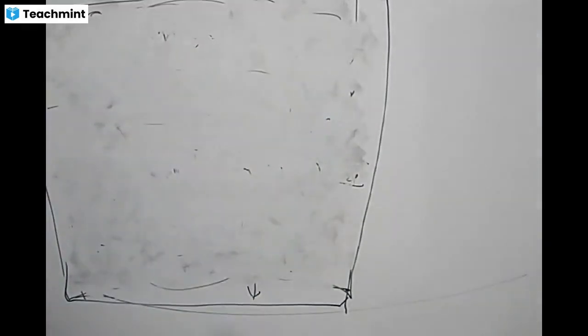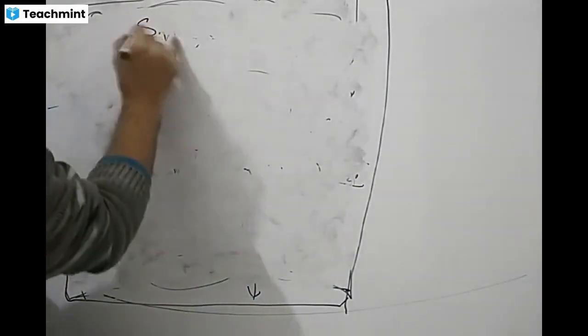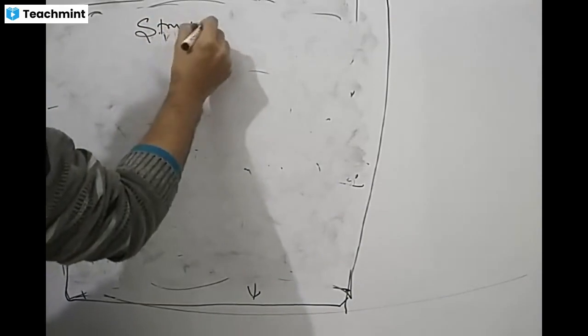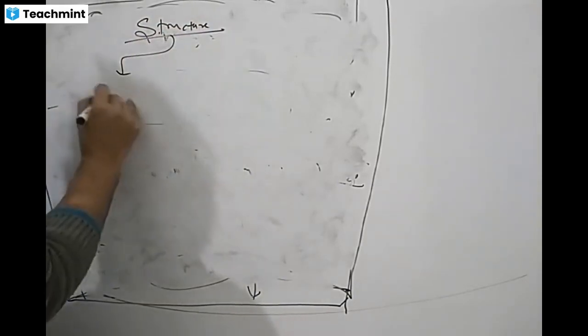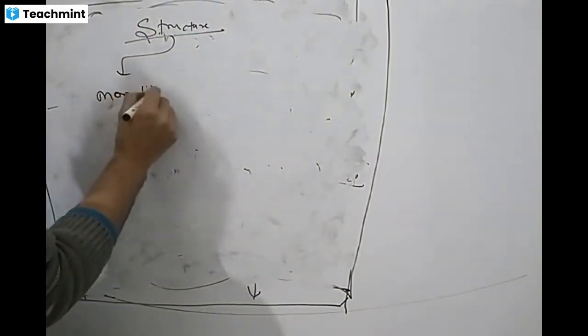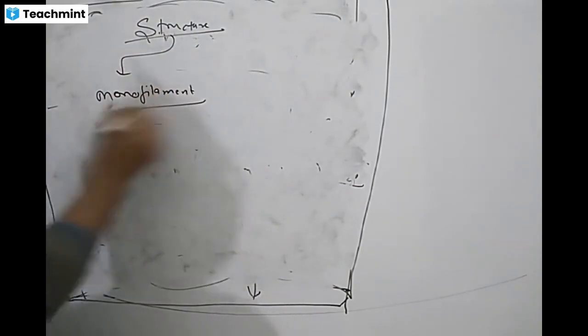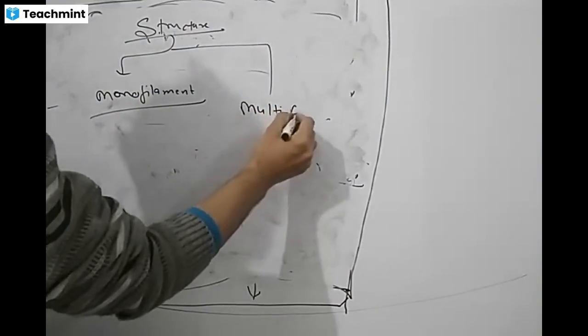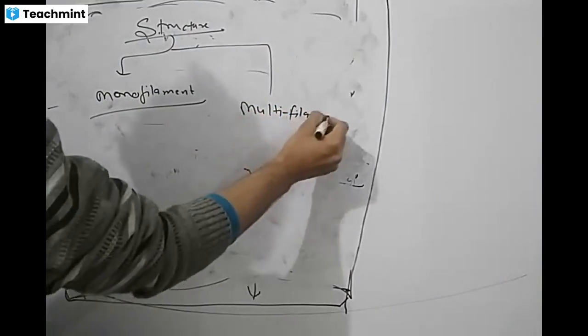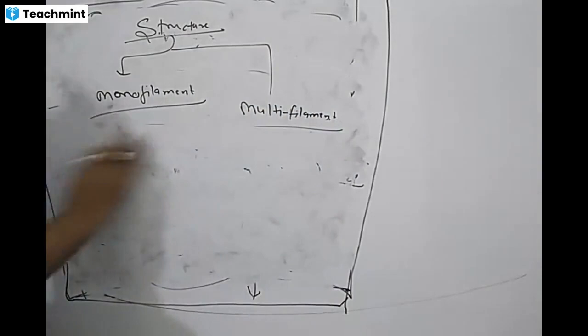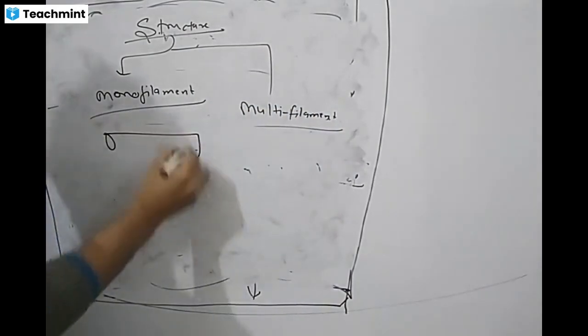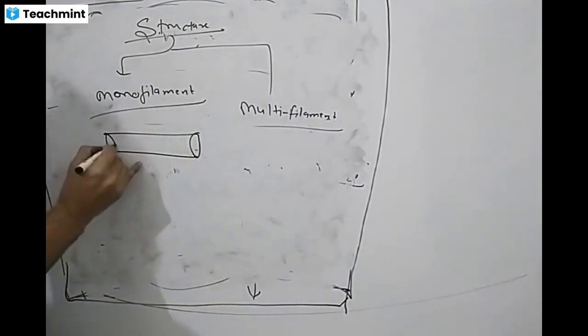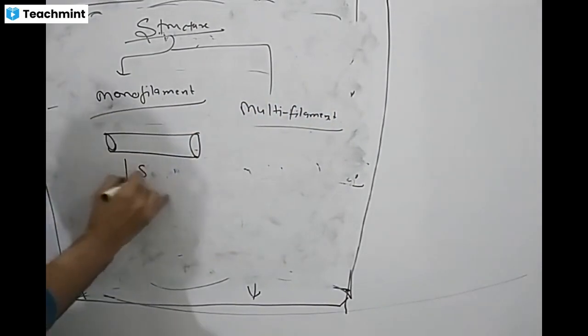Then next is your structure. Suture materials may have a structure that is monofilament or multifilament. Monofilament means the suture material is like this, only one strand.